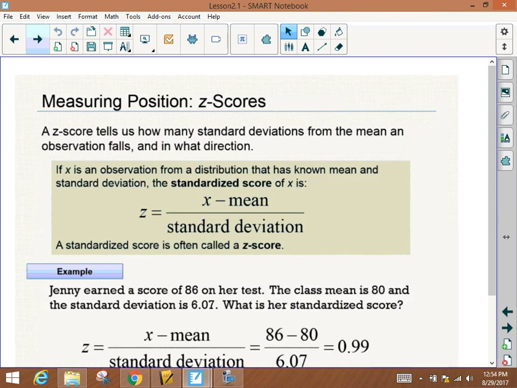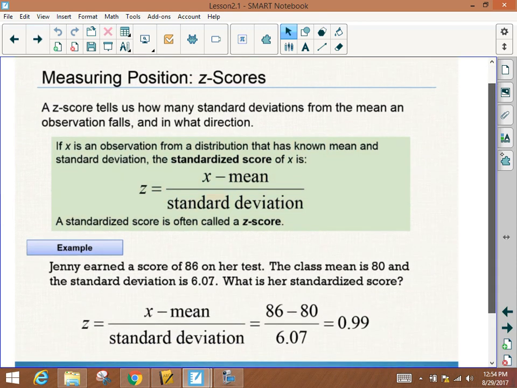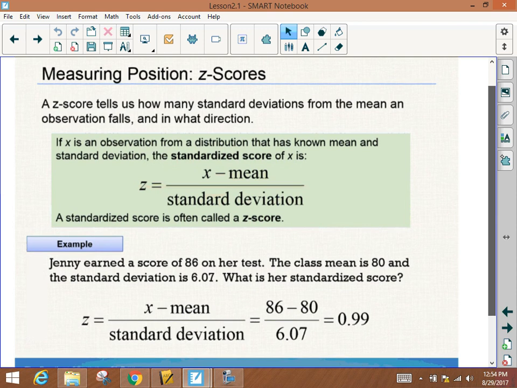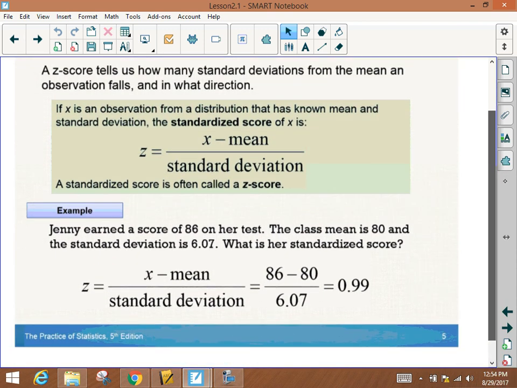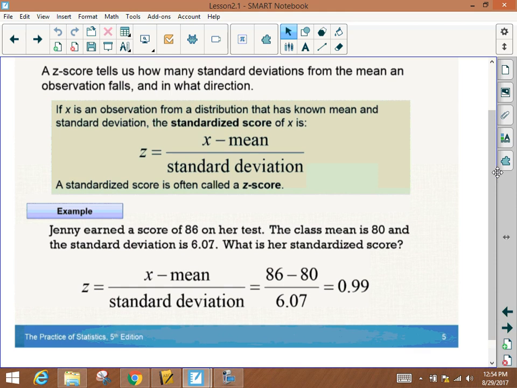Now, we also were able to talk briefly about our standardized value. In other words, we're measuring how far away, or how many standard deviations from the mean, a data point lies.